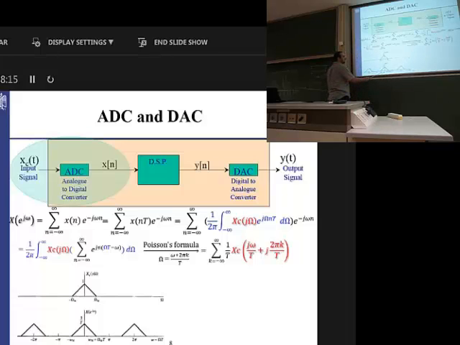So here if k is 0, then the repetition is at 2 pi and minus 2 pi, and from both sides, left and right, you can repeat it.